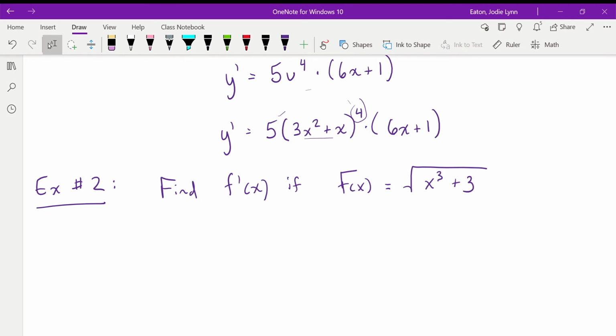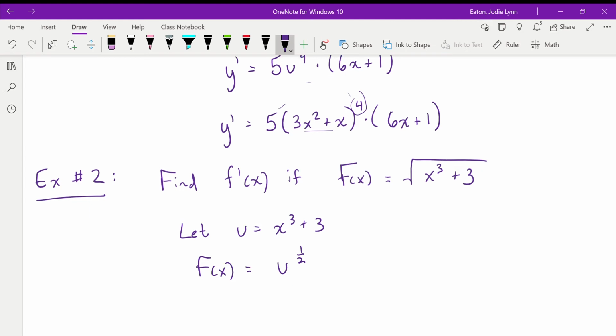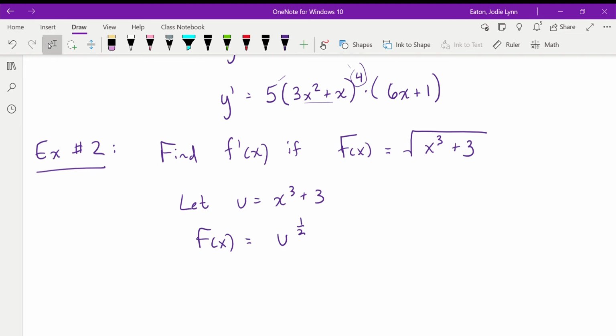So let's define a u. Let u equal what's under here, which is x cubed plus 3. So our big F of x is actually equal to u to the 1/2. We could write it as a square root, but it's easier to use the power rule if we use it as a fractional power.